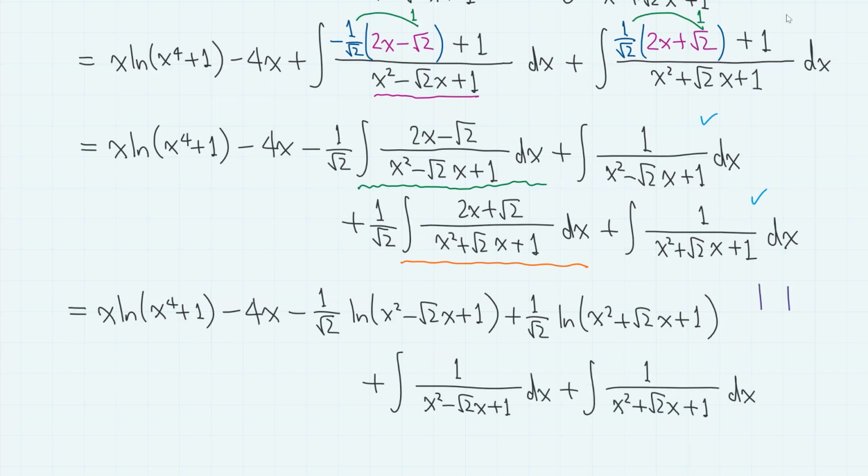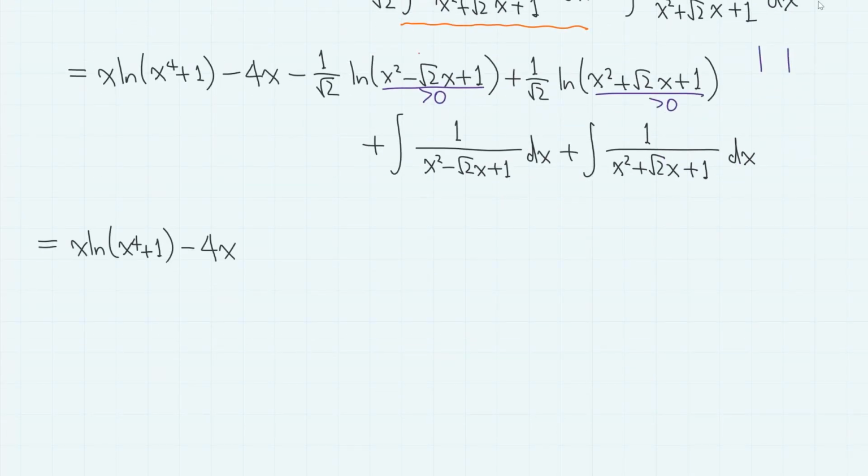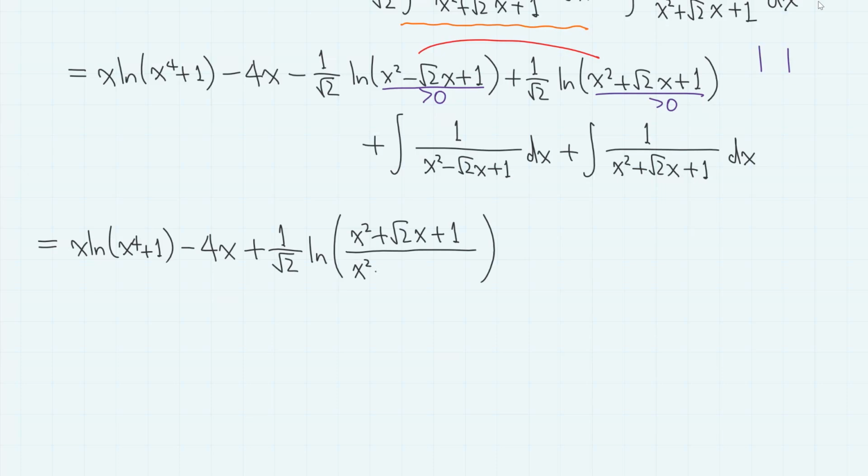We don't need absolute values for the logarithms because both of these polynomials are positive for all real numbers x. Here, combining these two logarithms, we can write it as 1 over square root of 2 times ln of x squared plus square root of 2x plus 1 divided by x squared minus square root of 2x plus 1, and then the remaining integrals.